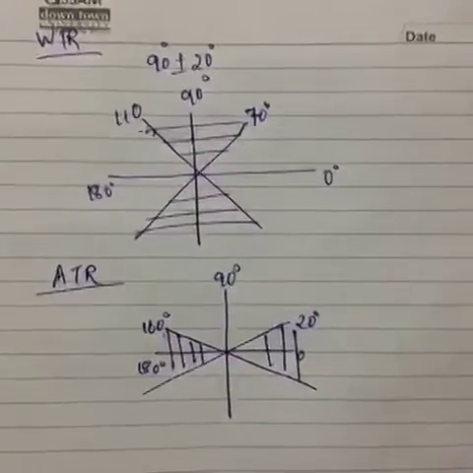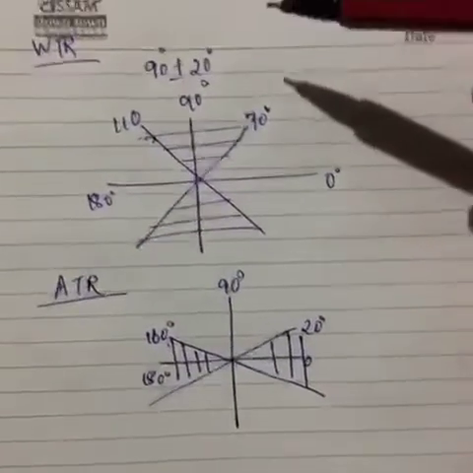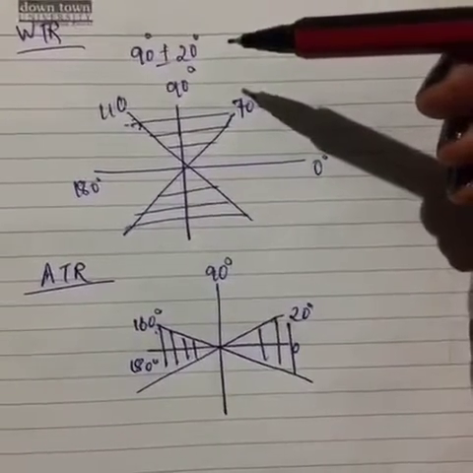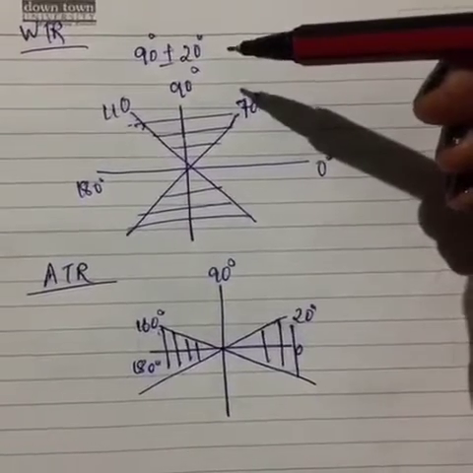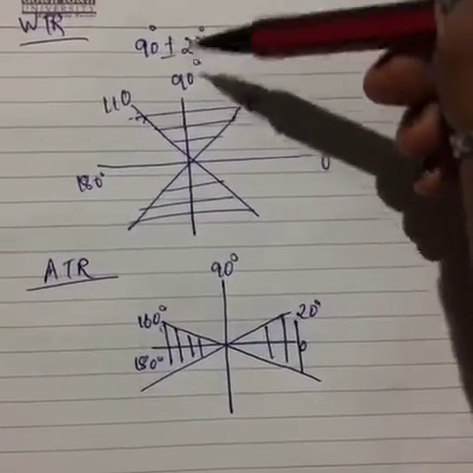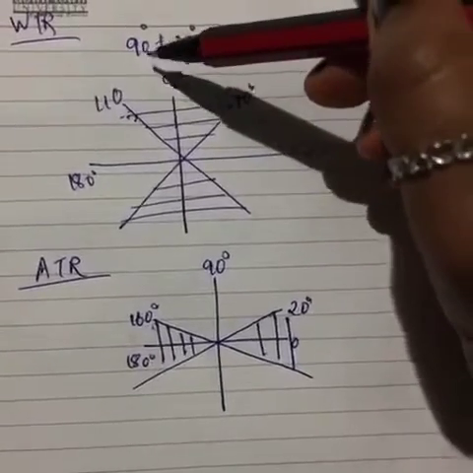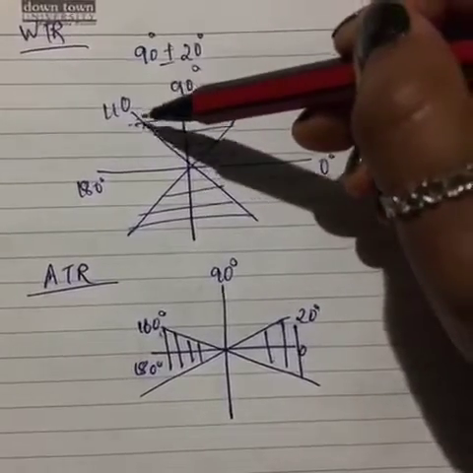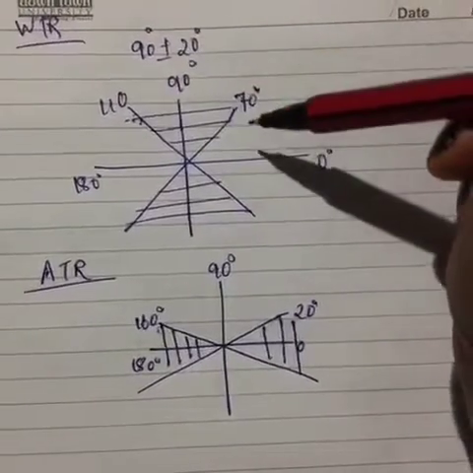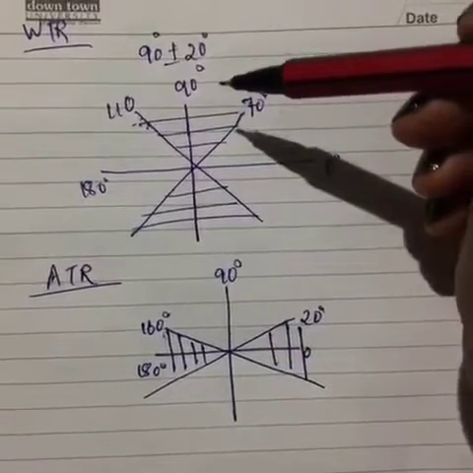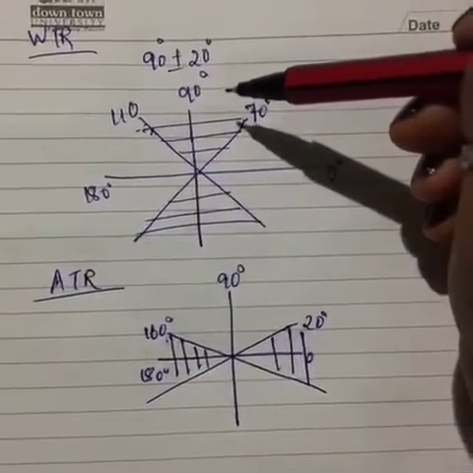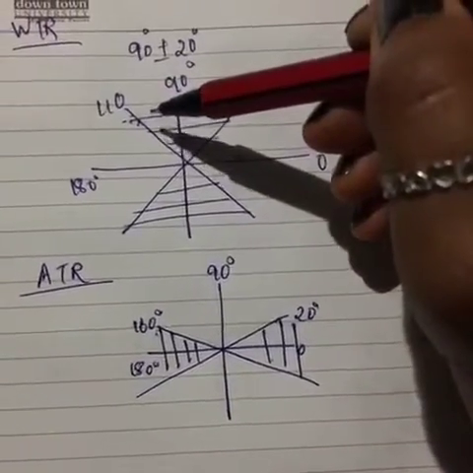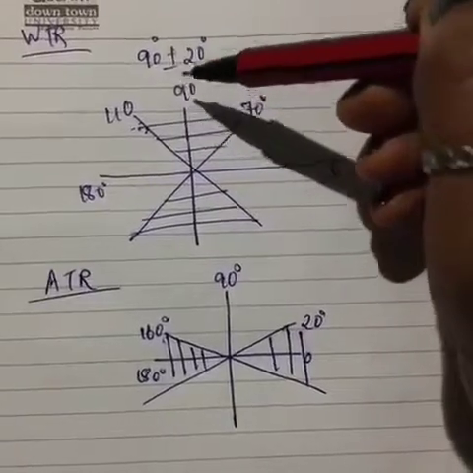So when the greatest refractive power is present in the vertical meridian, it will be considered as with-the-rule astigmatism. That is, the steepest power meridian will be the vertical meridian, which is considered as 90 degrees plus or minus 20. 90 plus 20 means 110. 90 minus 20 is 70 degrees. So if the greatest refractive power exists between 70 degrees and 110 degrees, it could be 70, 80, 90, 100 and 110.